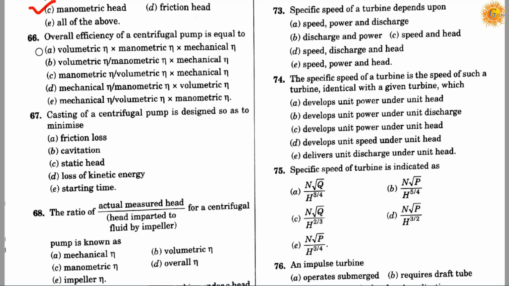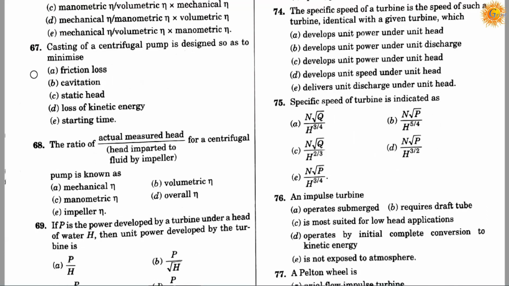So the correct answer is A. It means overall efficiency of a centrifugal pump is equal to the volumetric efficiency into manometric efficiency into mechanical efficiency.